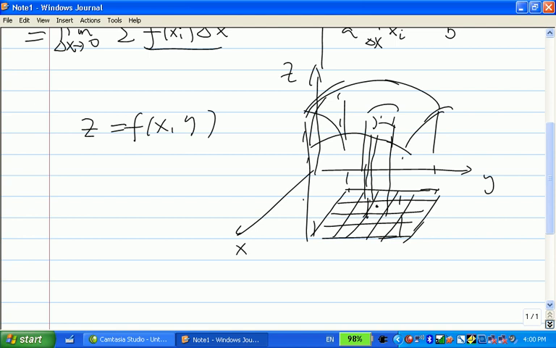You pick a sample point, say (x_i, y_j), evaluate, and you get this point. So this height is f(x_i, y_j). Pick just any point in this small rectangle. So f(x_i, y_j) gives you the height, times the base area. We call this base area, this rectangular area, delta A.